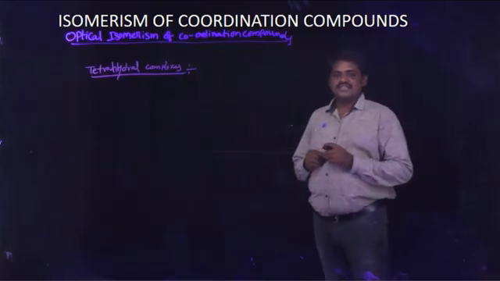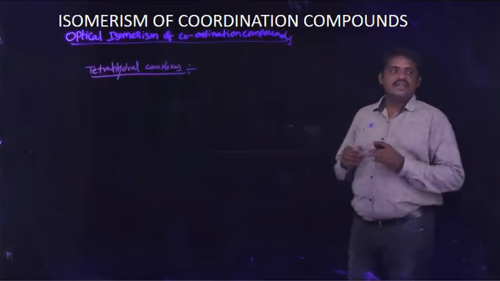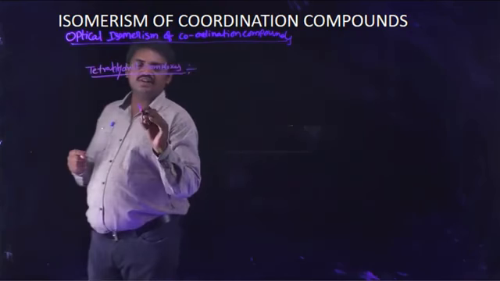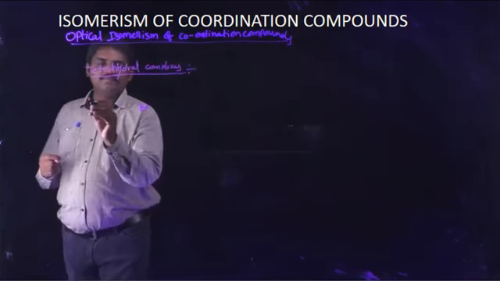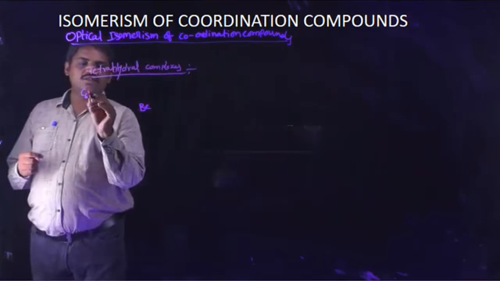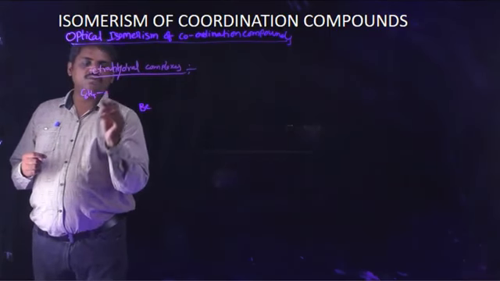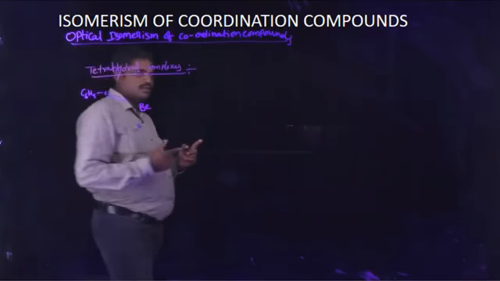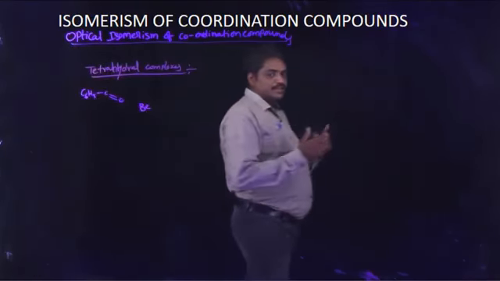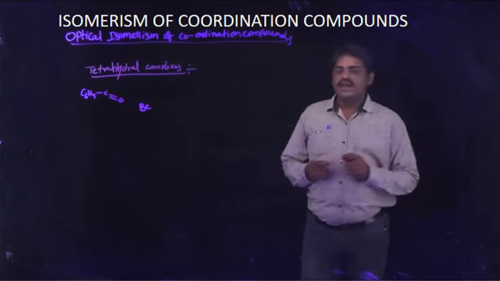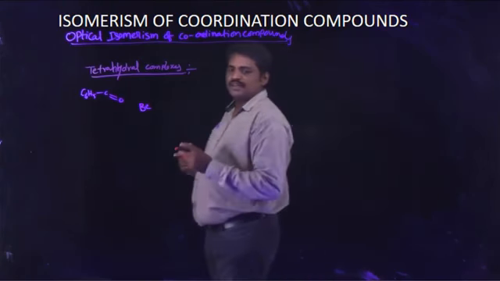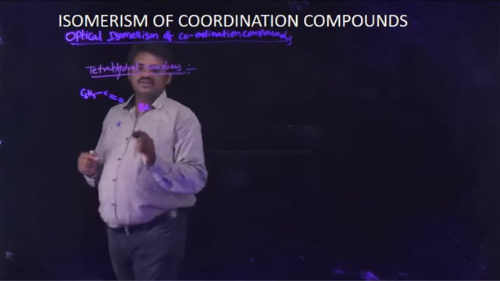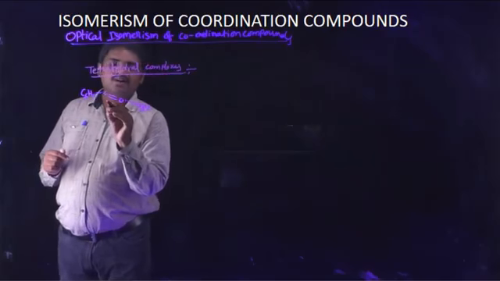Tetrahedral complexes means any coordination compound containing four ligands. That type of complex is known as a tetrahedral complex.